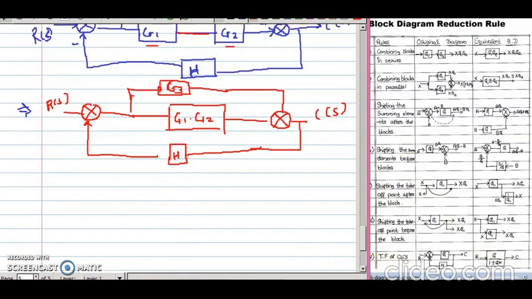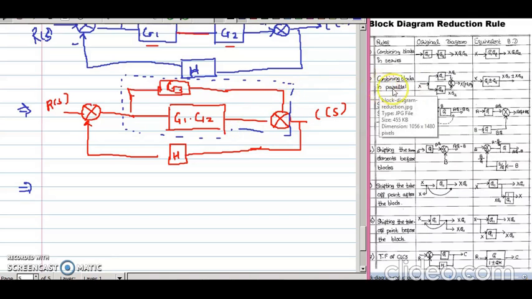See here, we get 2 blocks in parallel. See this dotted section. These 2 blocks are in parallel. Okay. So rule number 2, combination of blocks in parallel. So G1, G2 and the mixer. So we put G1 G2 plus G3, right?